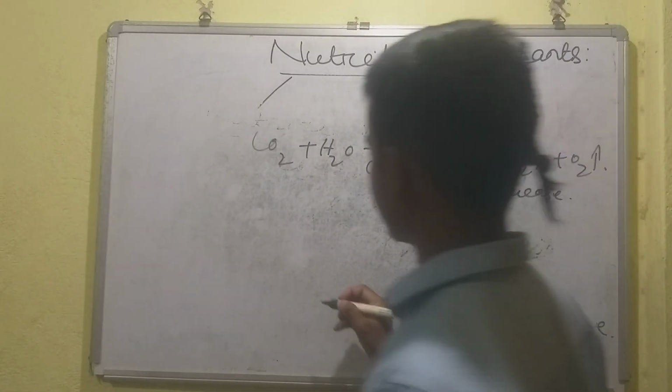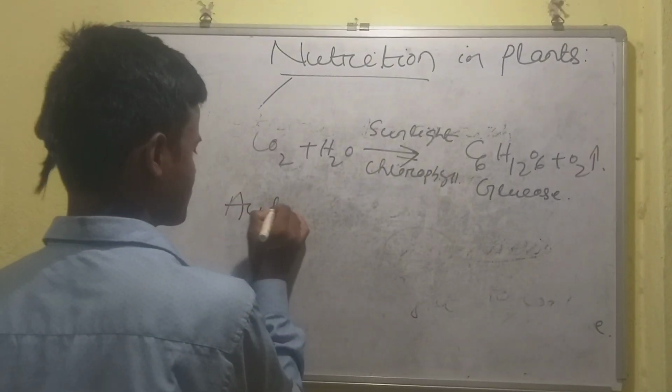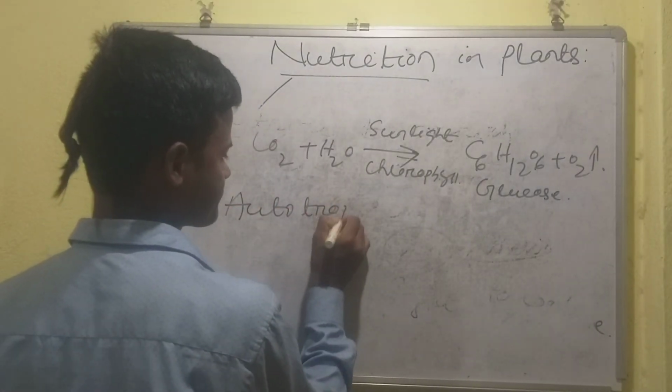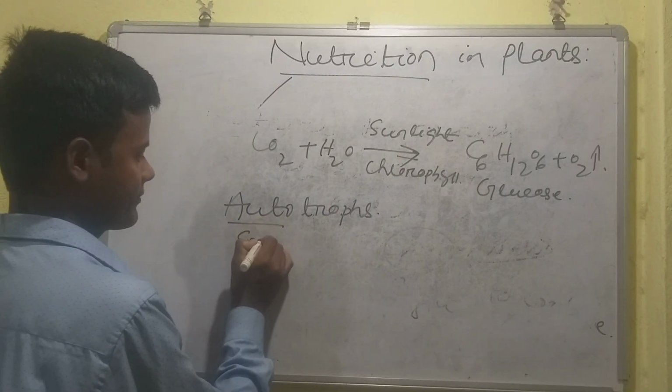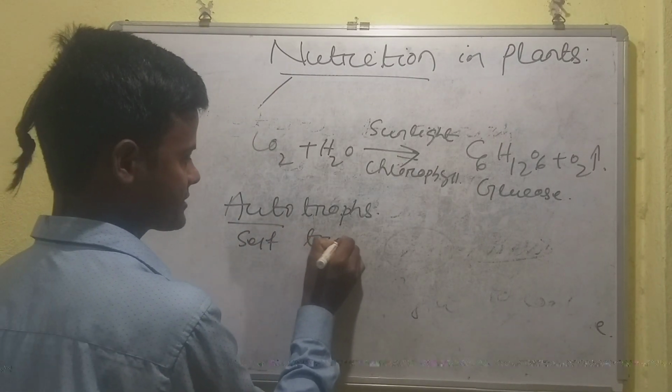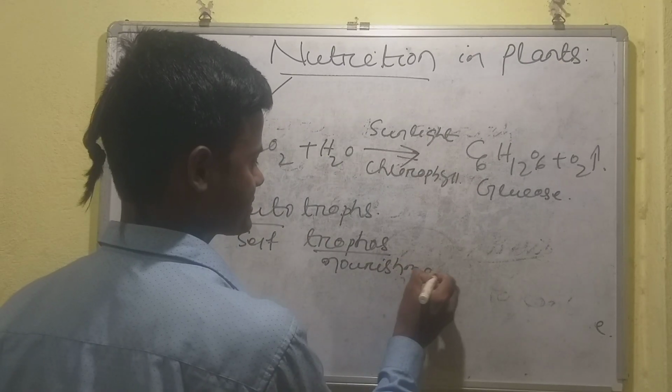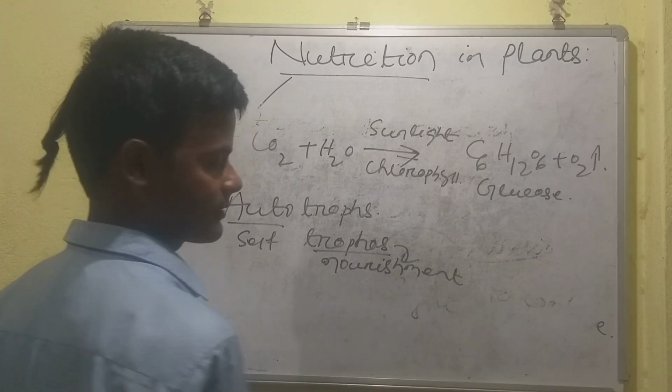So plants are known as autotrophs, right? Auto means self, trophos means self-nourishment, right?